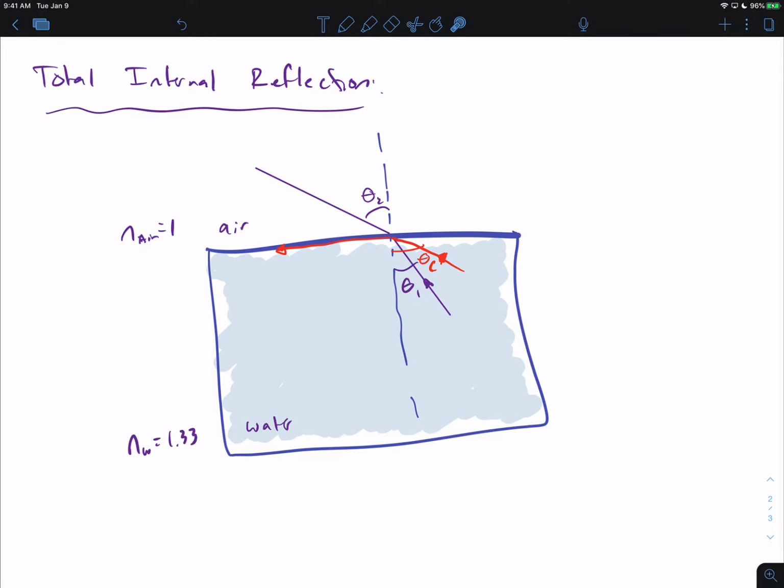No light will leave into the other medium, even though it's incident on the surface. So this will produce something called total internal reflection, right?